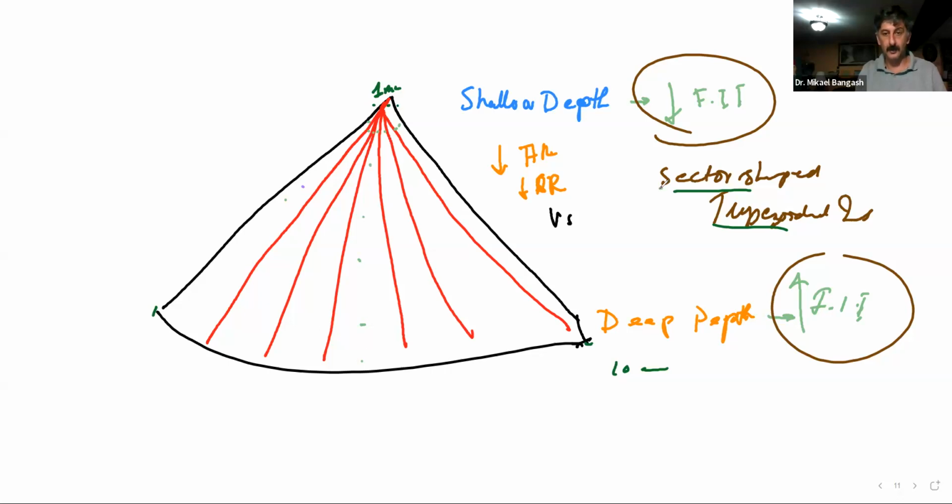But that only happens in images which are sector shaped or trapezoidal shape. Whereas for your linear sequential array, the top dimension of your image, let's say 5 centimeters up here, the bottom dimension of your image from here to here is still going to be those 5 centimeters.